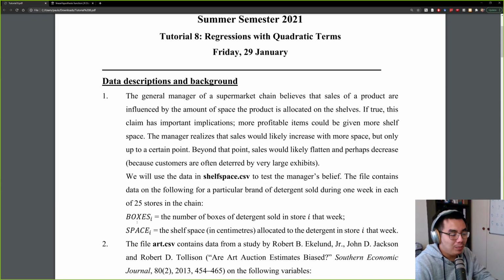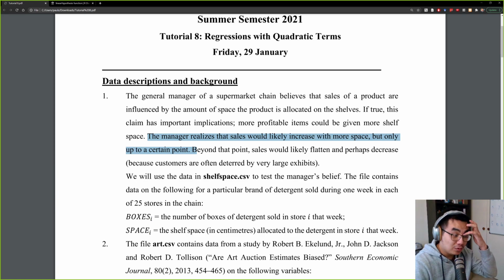The reason why you might want to model this as a quadratic relationship is because of what this manager is saying, which is that sales would likely increase with more floor area. But once you increase floor area beyond a certain point, he suspects that sales are going to go down because people become suspicious when there's too much floor area devoted to a certain product. So the idea here is we're going to model it as quadratic, and we're going to see whether it has a turning point.